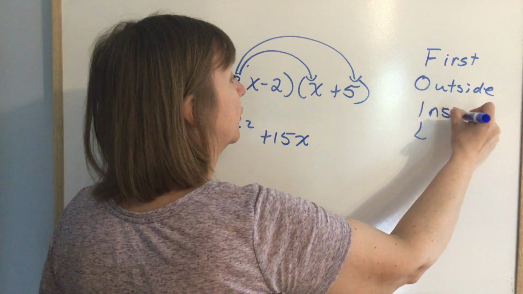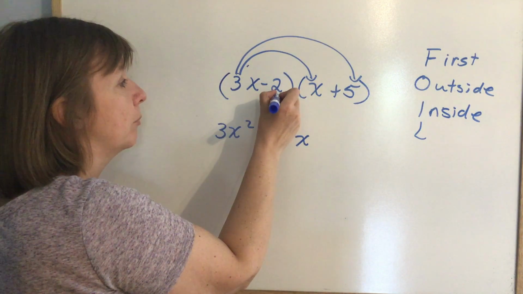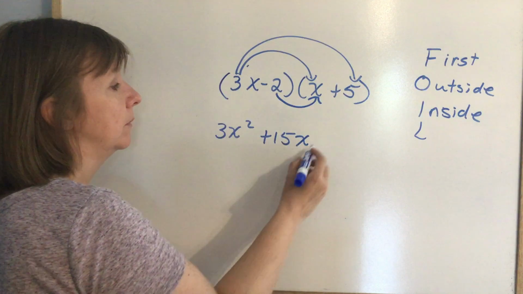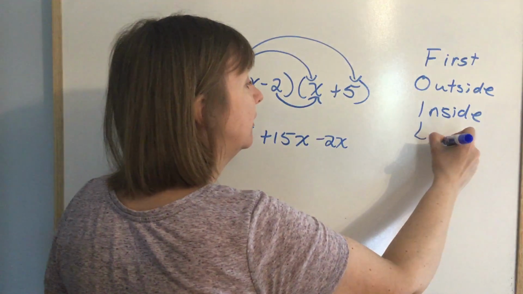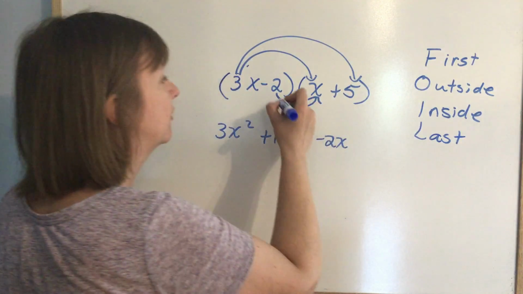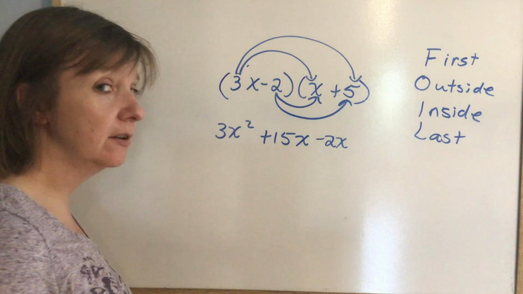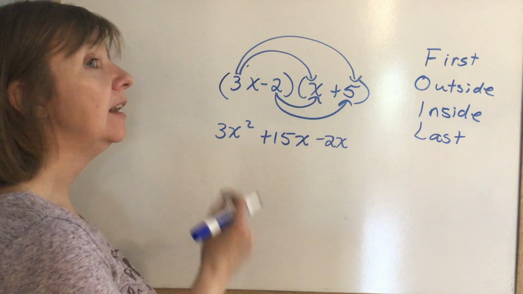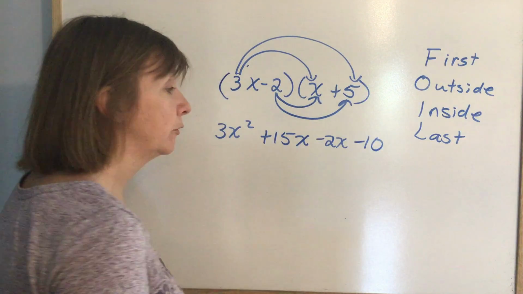I stood for inside. The thing closest to the middle in this bracket with the thing closest to the middle in this bracket, which would be negative 2x. And L stands for last. The last thing in this bracket with the last thing in this bracket. Pay attention to your signs. Negative 2 times positive 5 is negative 10.